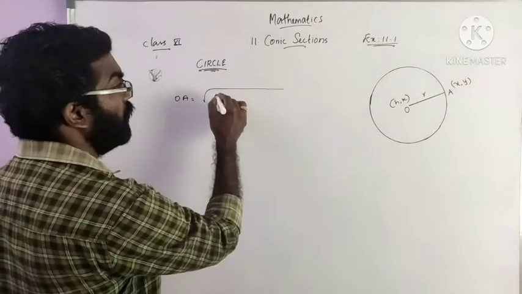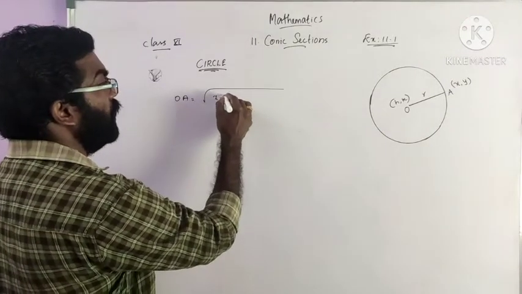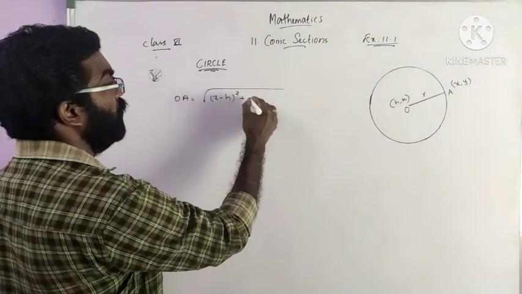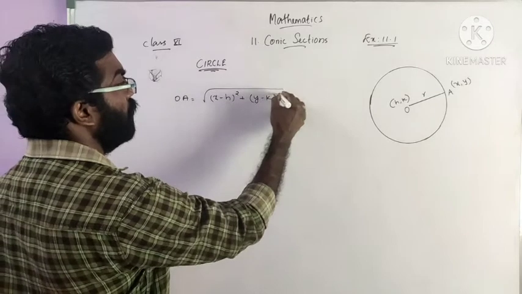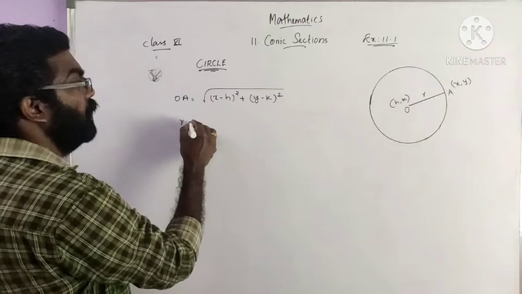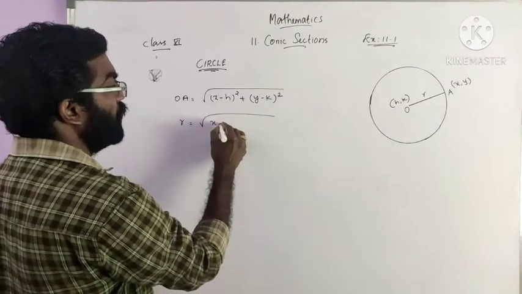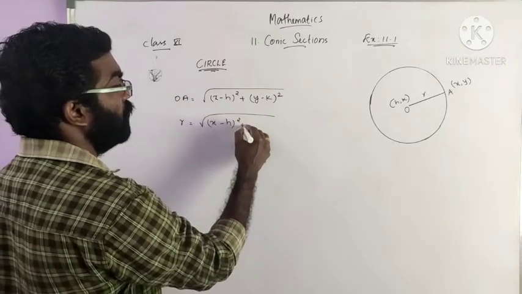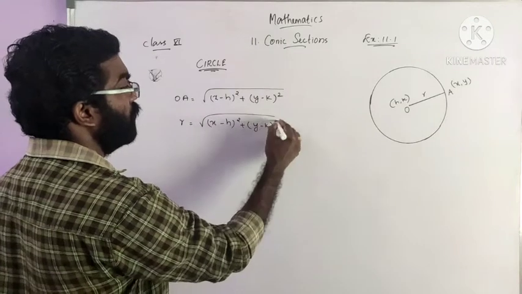So what we can write is x minus h the whole square plus y minus k the whole square. OA is r, so r is equal to root of x minus h the whole square plus y minus k the whole square.